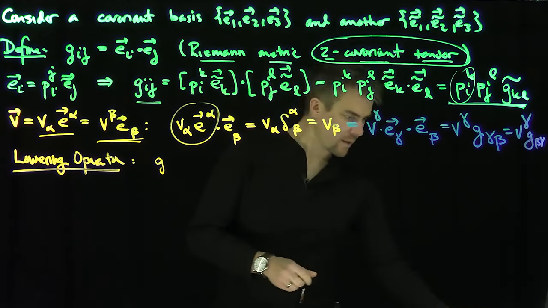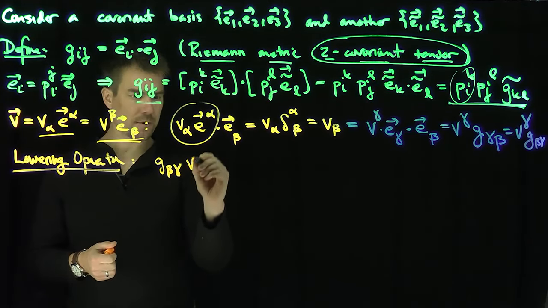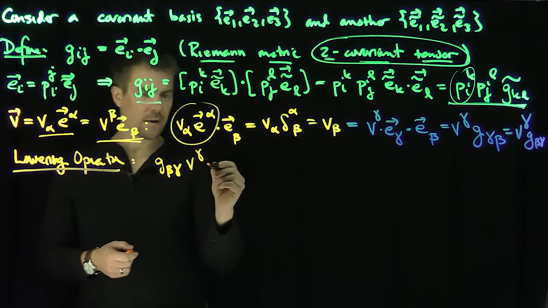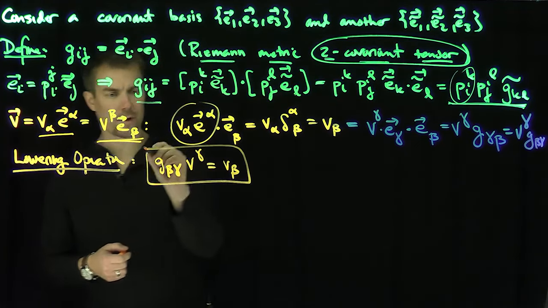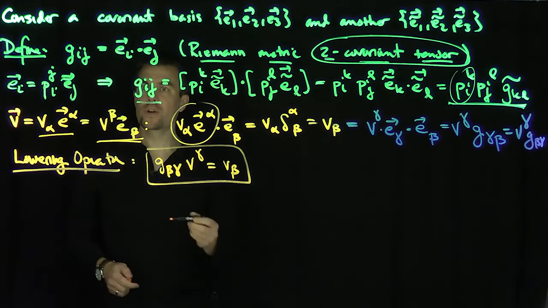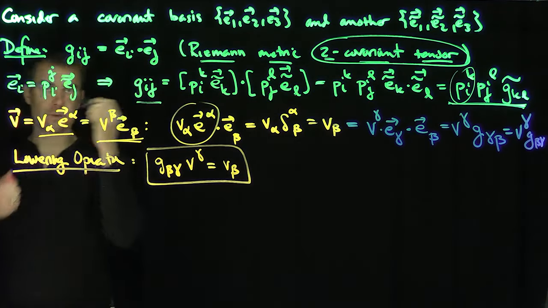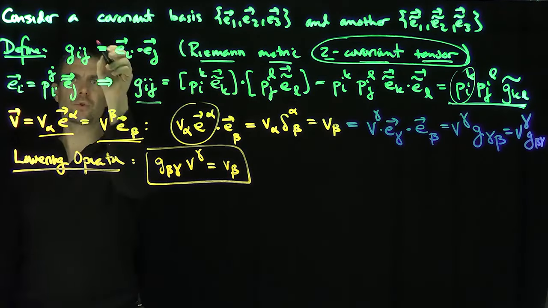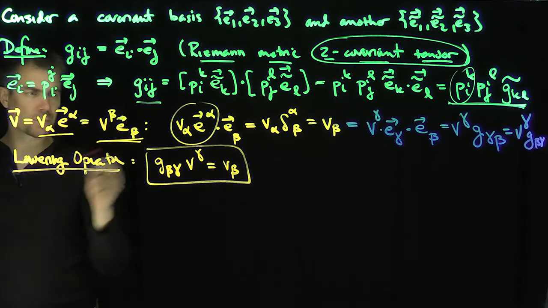In other words, we've proven that G beta gamma applied to this contravariant component V gamma gives the covariant component V beta over here. And so that gives me my lowering operation, okay? We can also define the inverse of this matrix over here. If I put this into a whole matrix, it was called the Gram matrix, okay? And now we can do the same trick.